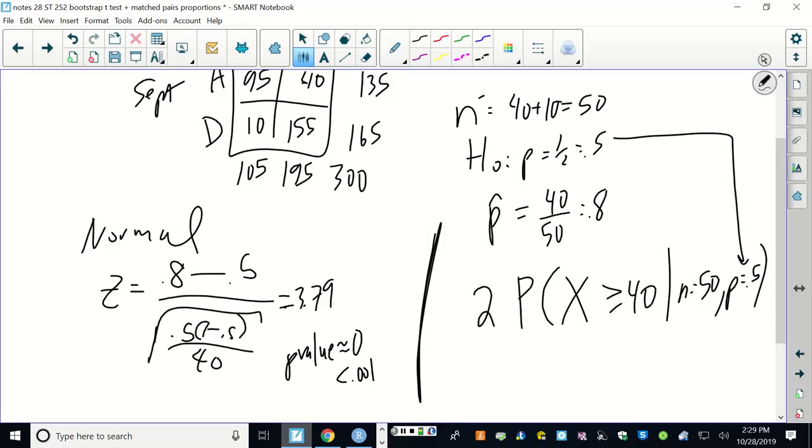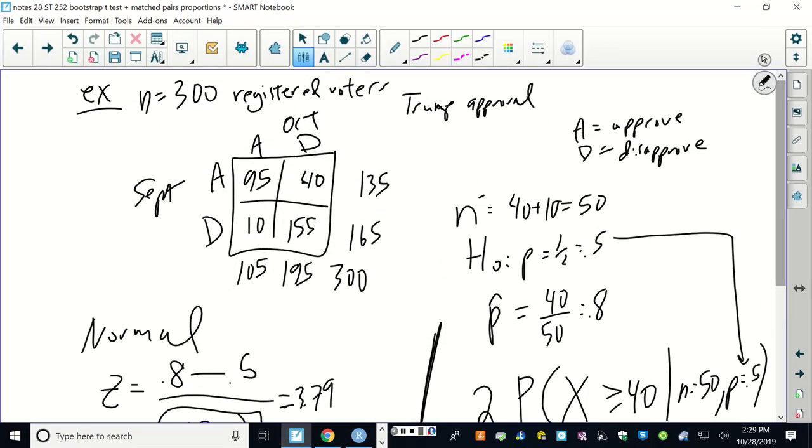So if you change things, if this was 135, 165, and this was 135, 165, and you had 90, so if it was closer, there'd be less of a discrepancy here, and it might not be significant.